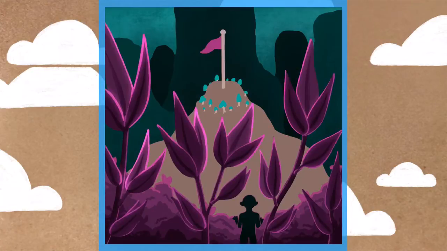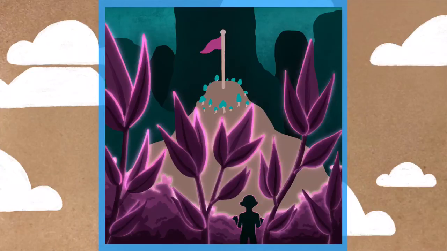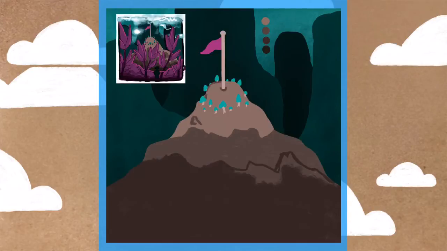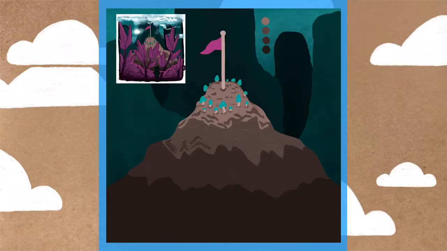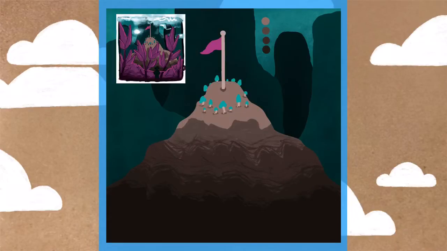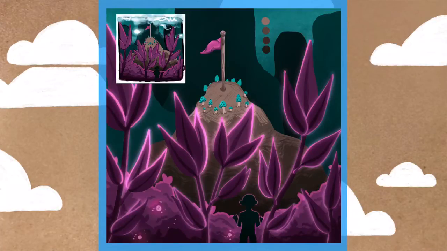But you can still see a sped up version of my coloring, and you can also see in the top corner that I have my little thumbnail there as a reference. Every single color that I use in the final image, I plucked directly from my thumbnail and then used for my final coloring.